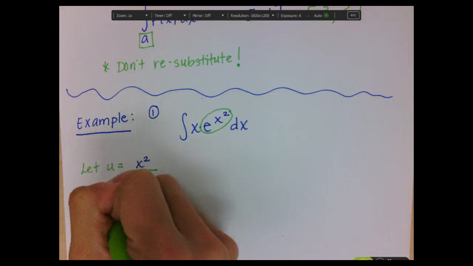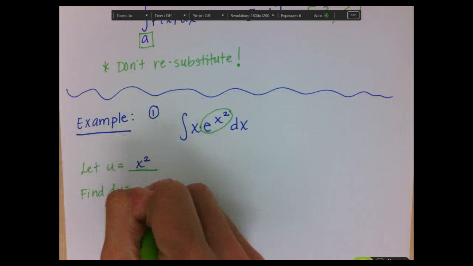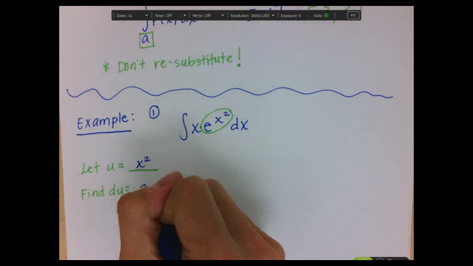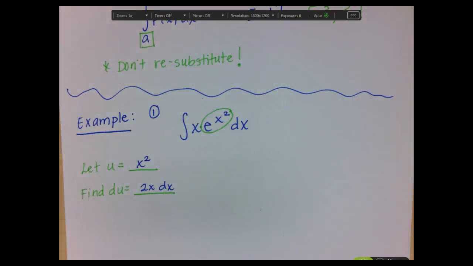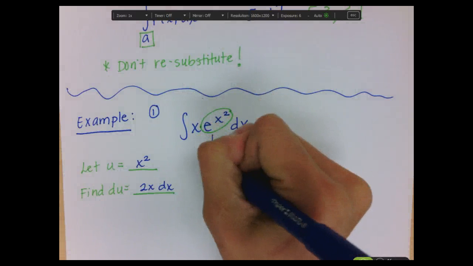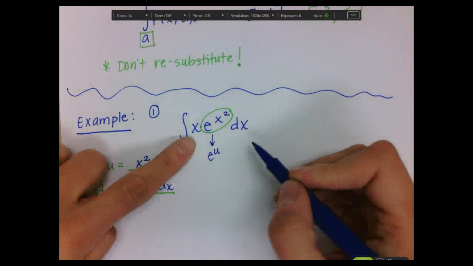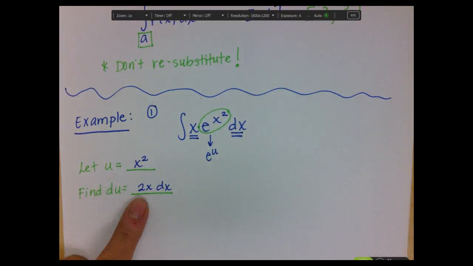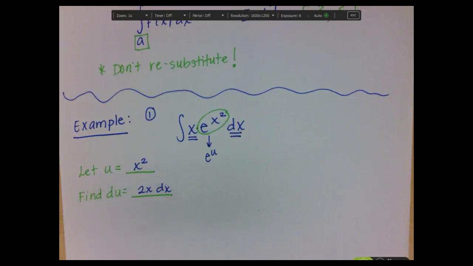Now, let's find du and see if that's something that we can easily substitute in this problem. So the derivative of x squared is 2x dx. Okay, so that's pretty close. This is going to become e to the u. And then we're also going to need to get rid of this x and this dx. So what we have here is that du equals 2 times x dx.